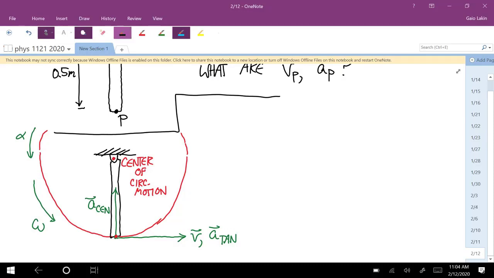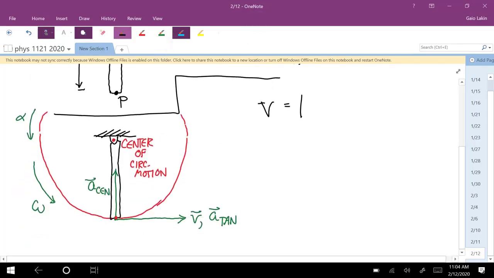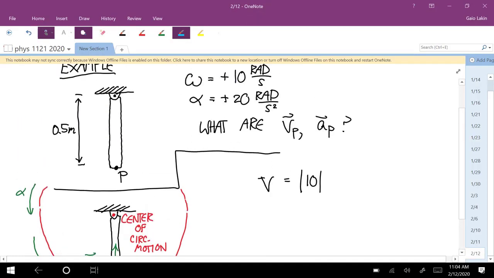Okay, so the magnitude of the velocity, the speed, is the absolute value of 10 radians per second times the radius of that circle. If this rod has a length of 0.5 meters, can you see that that would be the radius of that circle?